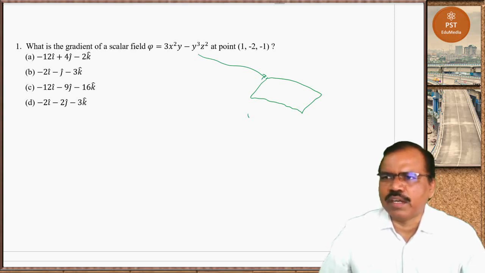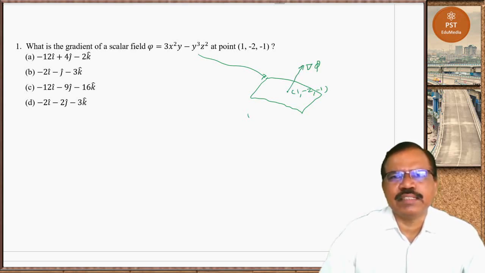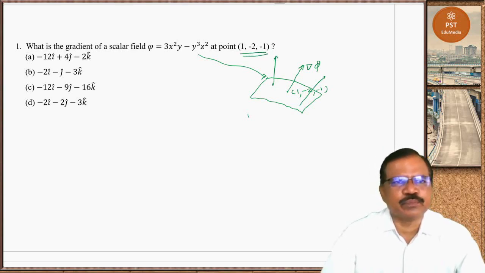Gradient is a vector quantity, and it is a vector normal to the surface at this point. If we take another point here, it will be normal there. So we have to find it at this point.